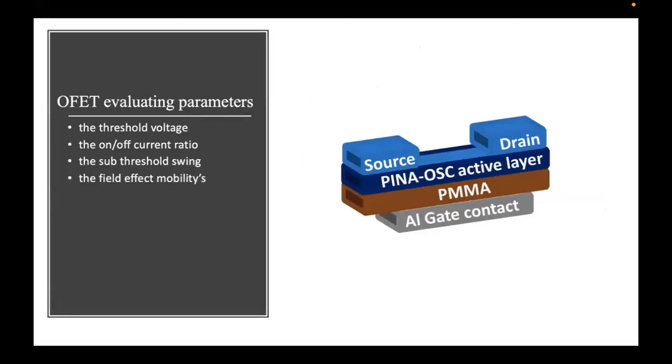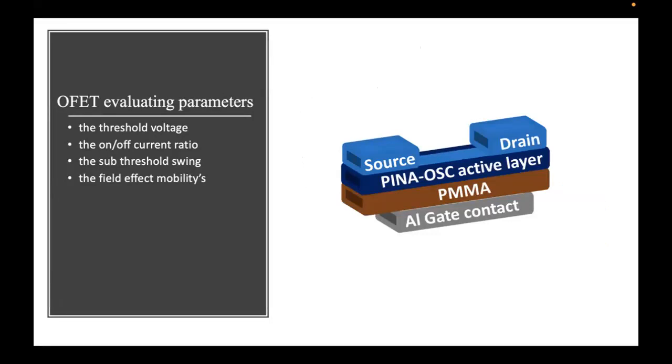And as I mentioned earlier, these evaluation parameters for transistors are not limited to FETs, but we can consider them general parameters to describe the macroscopic performance of a transistor.